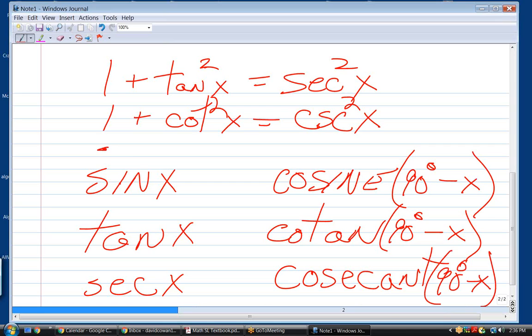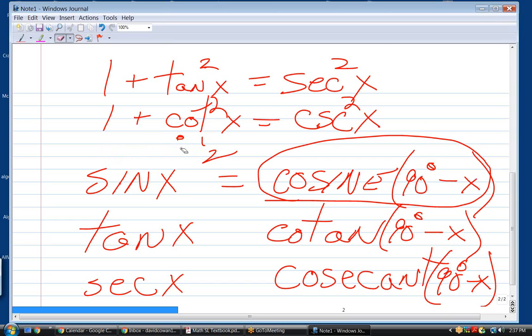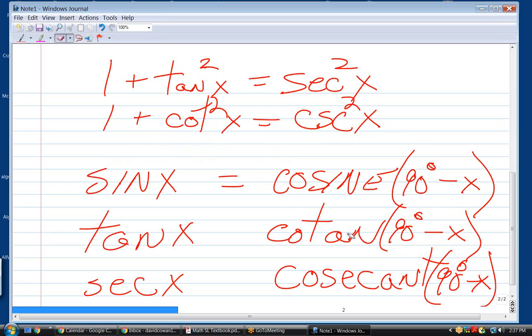If I knew the sine of 30 degrees is equal to 1/2, this tells me that the cosine of 90 degrees minus 30 should be 1/2. And it's true, the cosine of 60 is equal to 1/2. Although cofunctions are not the most important property, I've worked with people in trig that can go a long time before they even talk about cofunctions.